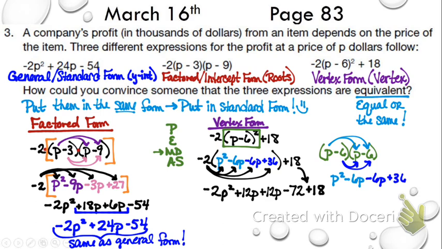What like terms do I have to combine? 12p, 12p, and then negative 72 plus 18. So I have negative 2p squared plus 24p minus 54. Same exact thing. Same as my general form from up above.